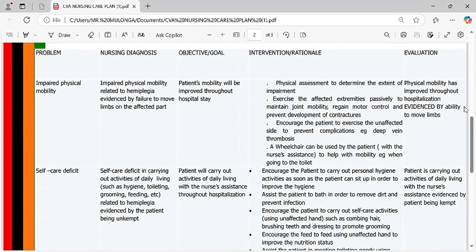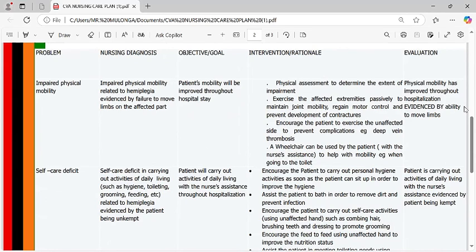So you find that because they have some form of paralysis, that means they cannot use that particular limb. That means that they have impaired physical ability. They cannot walk properly.